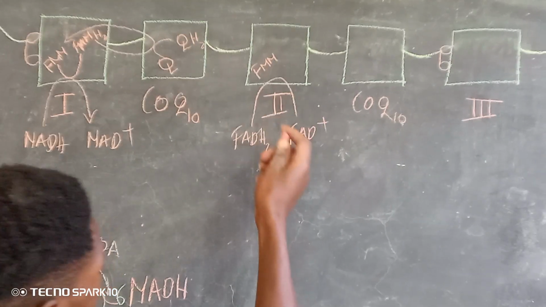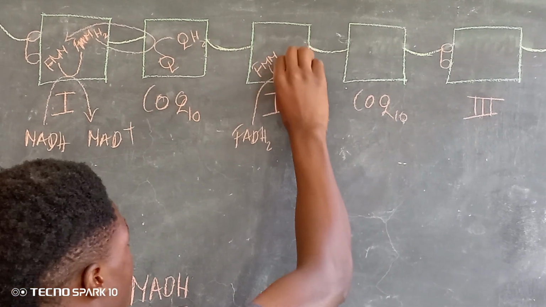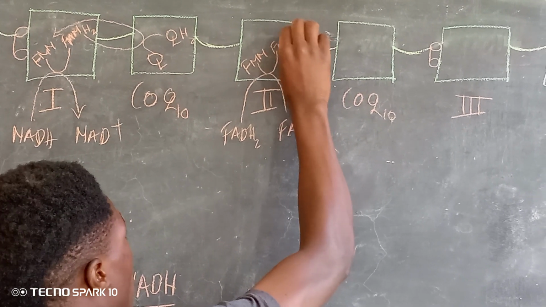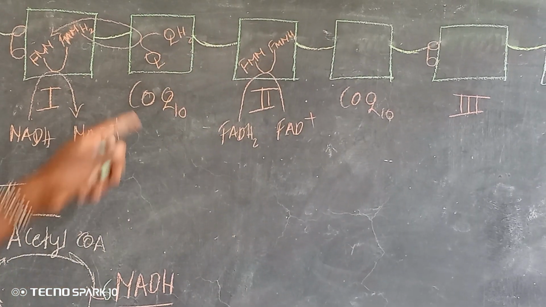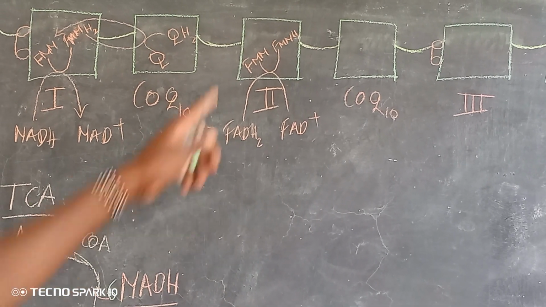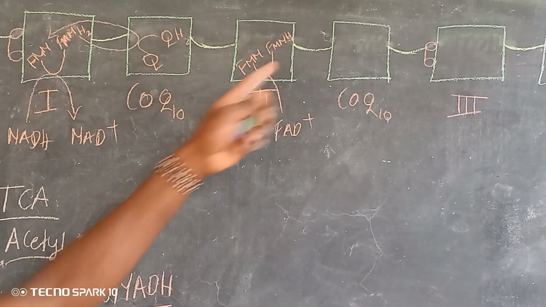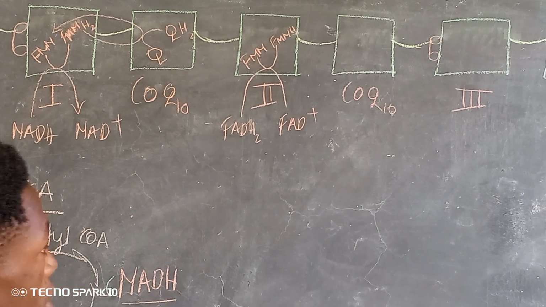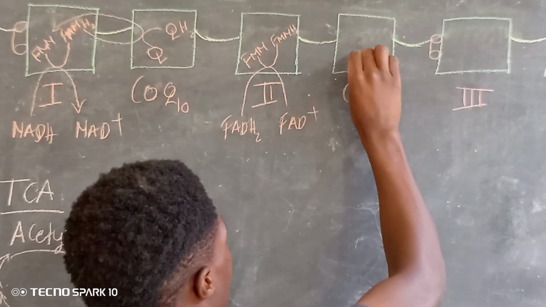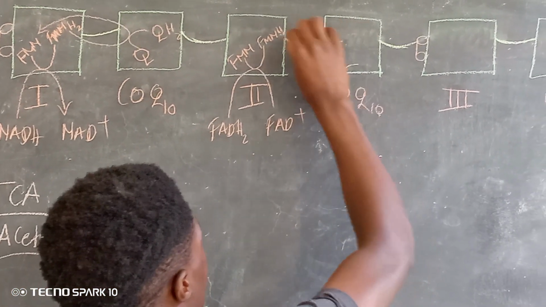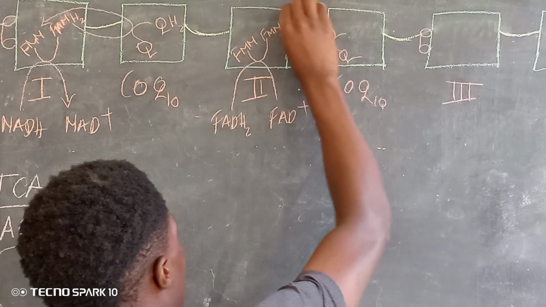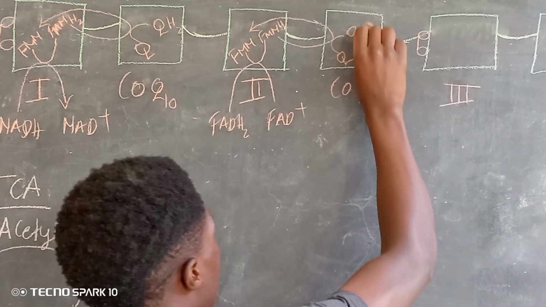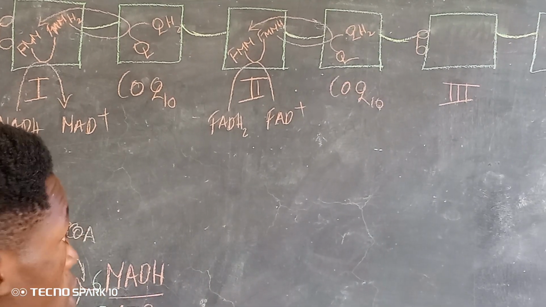It's going to take the electrons and be converted to FMNH2, just like in the other case. Now, flavin mononucleotide in complex 2 is also going to pass the electrons to coenzyme Q, because it doesn't want the high energy state. So coenzyme Q is going to take up the electrons and be converted to QH2. But there's something you must not forget, guys.